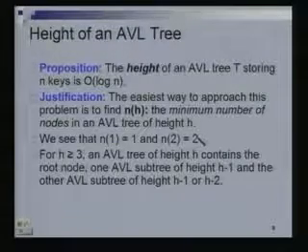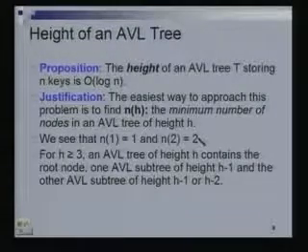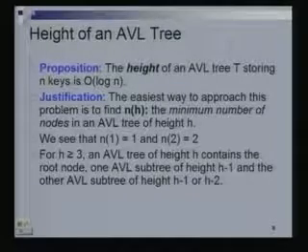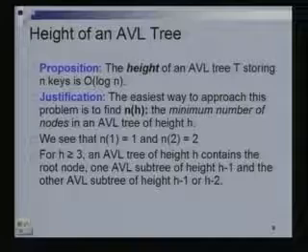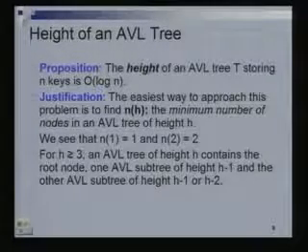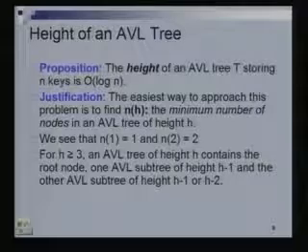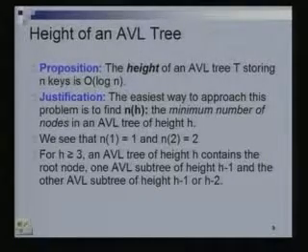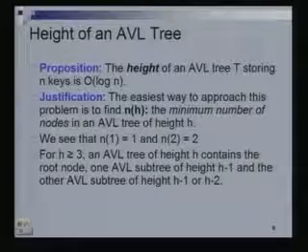So suppose I have an AVL tree of height 3 or more. Suppose the AVL tree has height h, it will contain one root node. It will have an AVL tree of height h minus 1 on one side and an AVL tree of height h minus 2 on the other side. Why h minus 1 and why h minus 2?